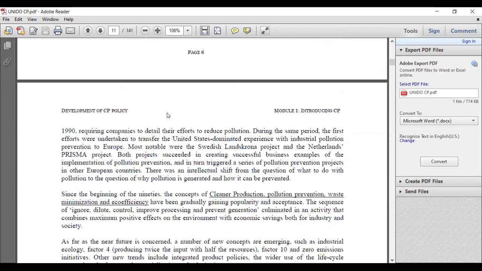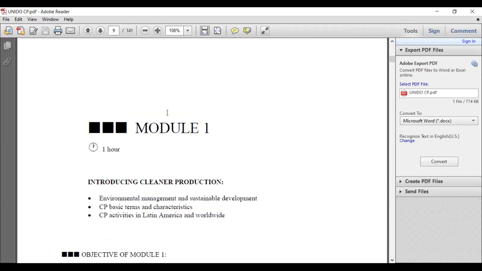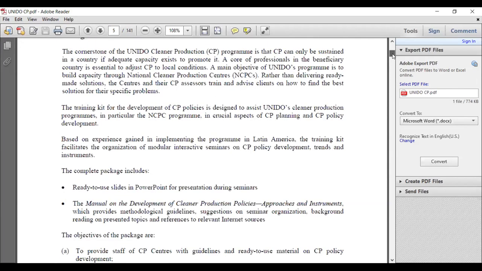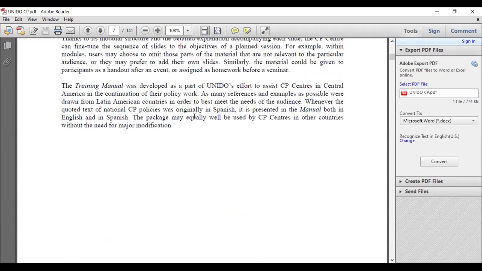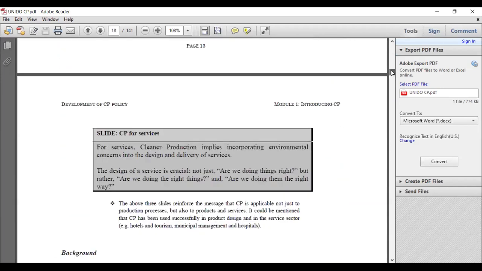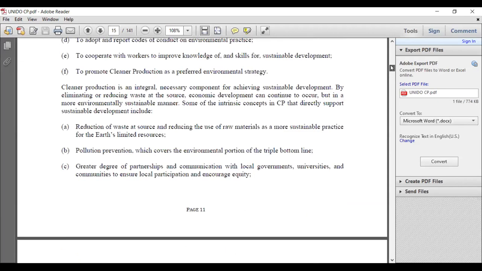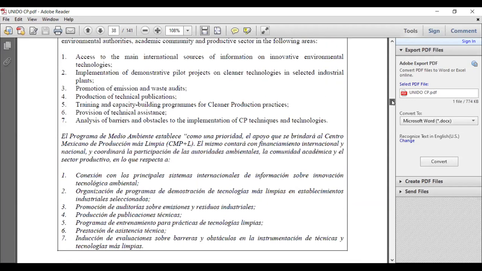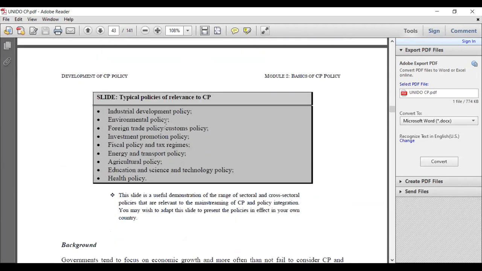There can be cleaner production definitions as well. So you can go through this, and let me email this to you. Also, we will learn about the national policy of cleaner production. Of course, there is a lot to learn, so we will see how, step by step, we can gain this valuable knowledge.